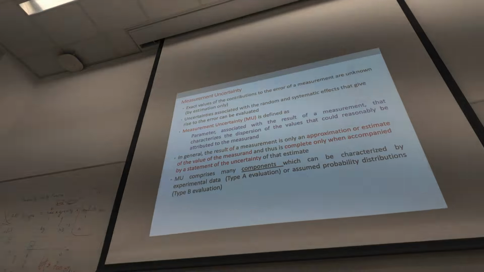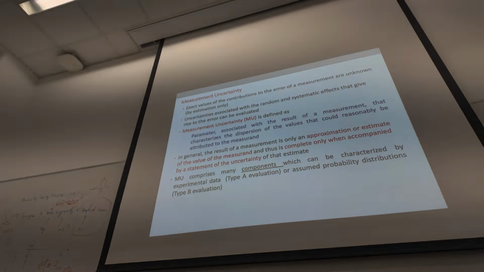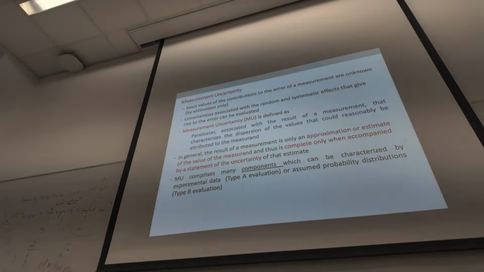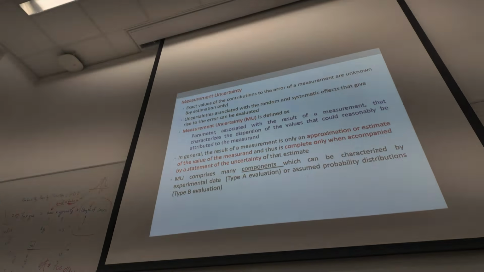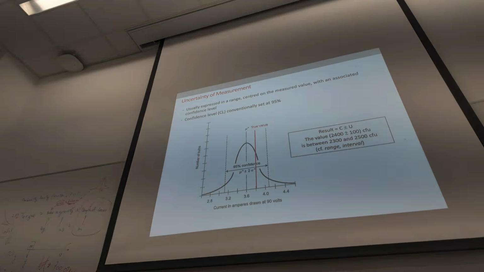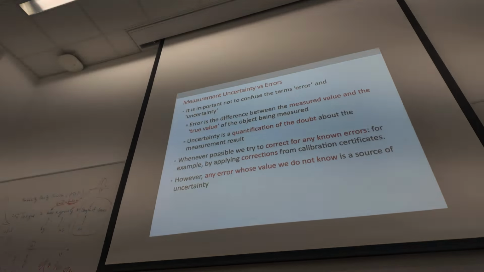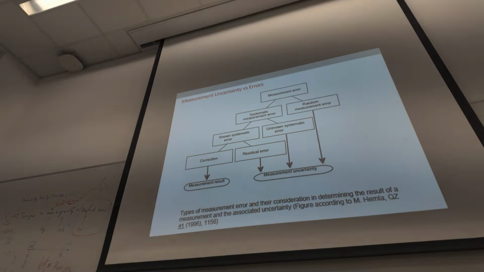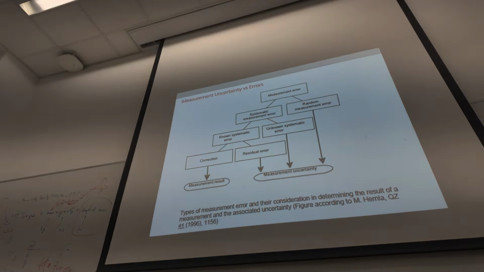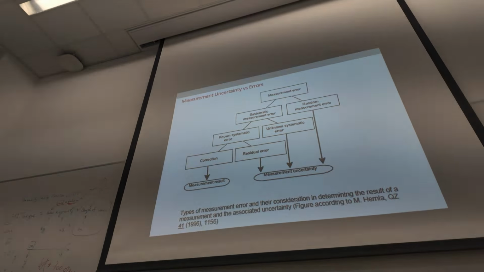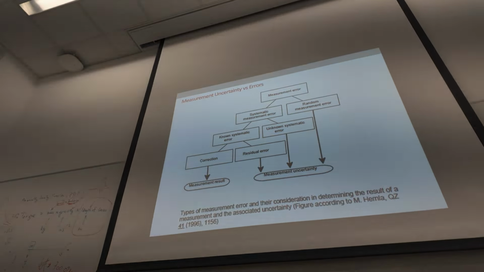Now for this one, measurement uncertainty. The definition of measurement uncertainty I may ask. Okay. This diagram, yes. Okay. The relationship between error and measurement uncertainty.